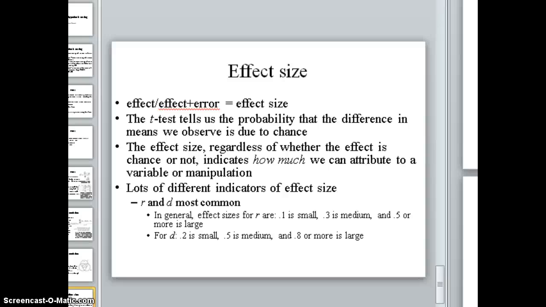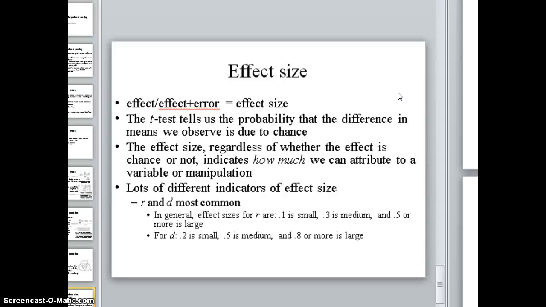Notice the subtle difference in the conceptual formula for effect size here. Whereas the t-test told us how likely the difference in means is greater than 0, the effect size tells us how big the difference in means is.